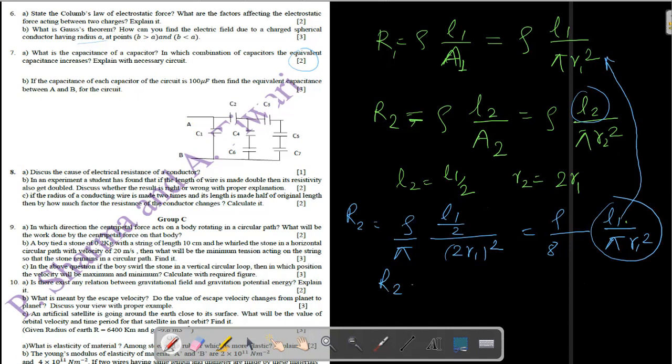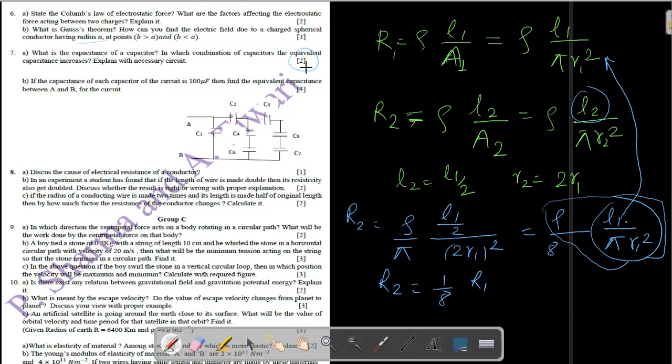So you can write R2 is 1 by 8 of R1. That means we get the answer. In conclusion, if we increase the radius by 2 times and decrease the length by half, then the resistance of the wire will be reduced to 1/8 part of the original value. Okay, thank you. This is the solution for group B.